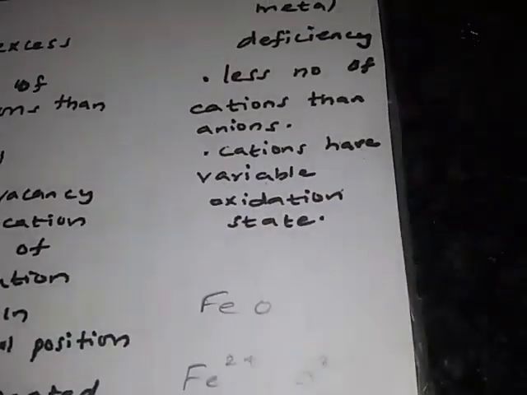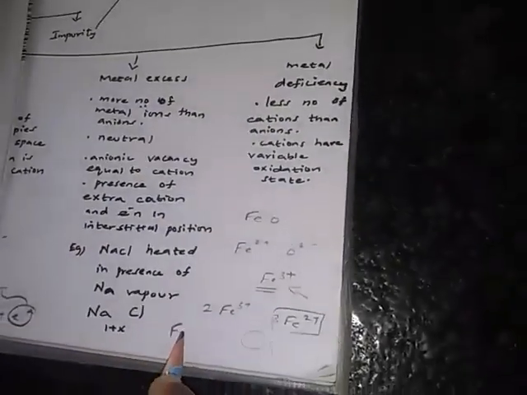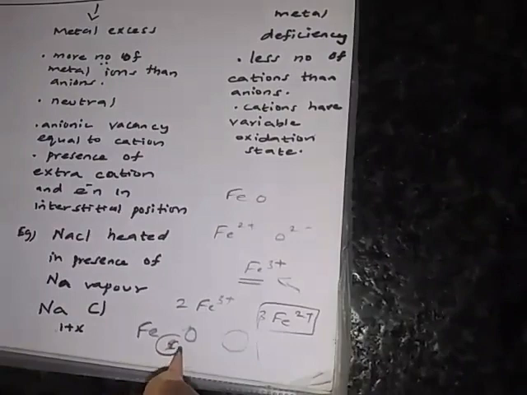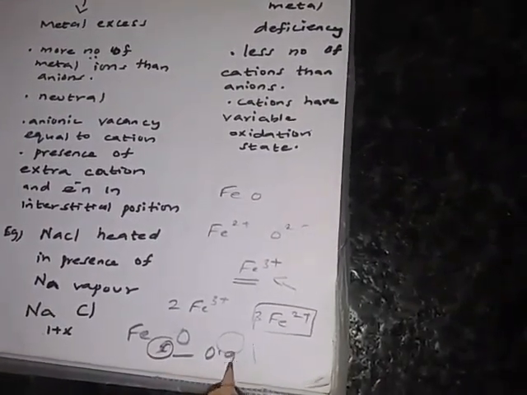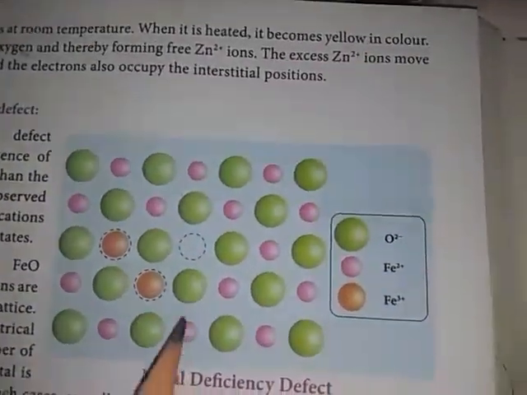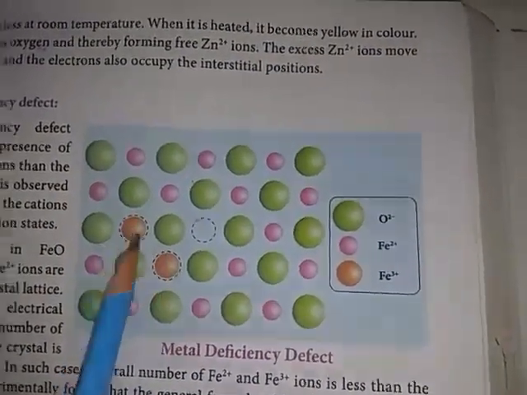And here also some of the Fe2 plus ions are missing from the crystal lattice, and the electrical neutrality is maintained. The overall number of Fe2 plus and Fe3 plus ions is less than the O2 minus ions, and the formula is FexO, and this x value may range from 0.93 to 0.98. Look at the diagram here. Here this is Fe2 plus ions and this is Fe3 plus ions.